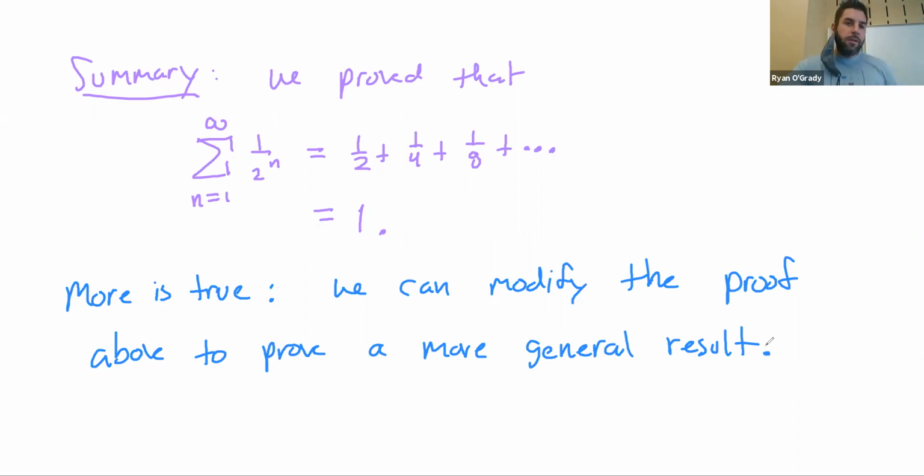This type of series that we just studied, this 1 divided by 2 to the n, is a very special type of series. It has a name because of its patterns, and we're going to tell you about that right now.